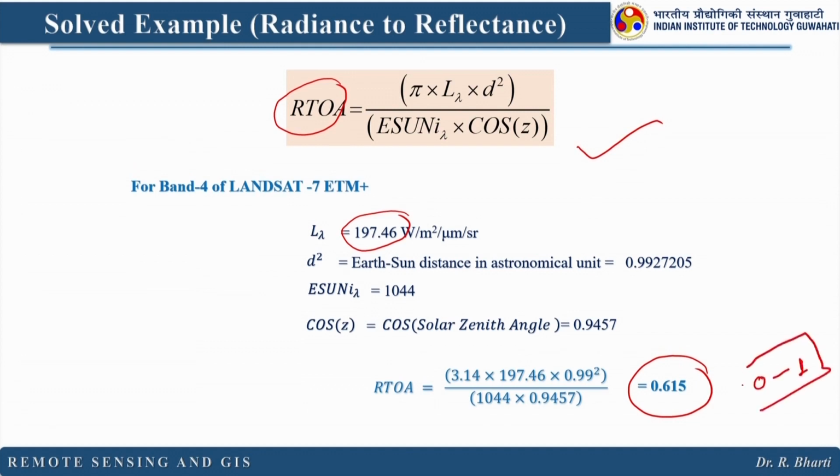So it should not be more than 1 and less than 0. So then your result is correct, right? So this is ultimately your reflectance value calculated from Landsat 7 ETM plus data, from DN to reflectance complete, right? Okay, thank you. That's all for today.